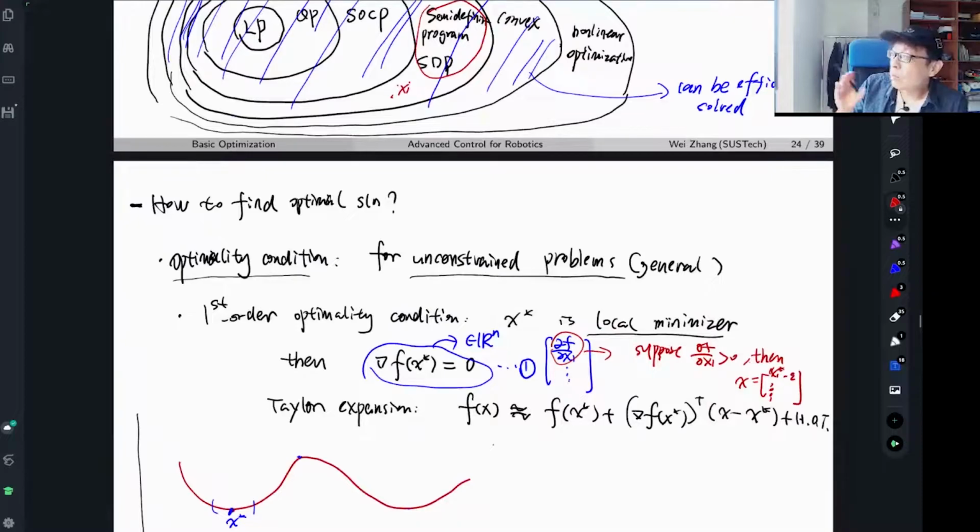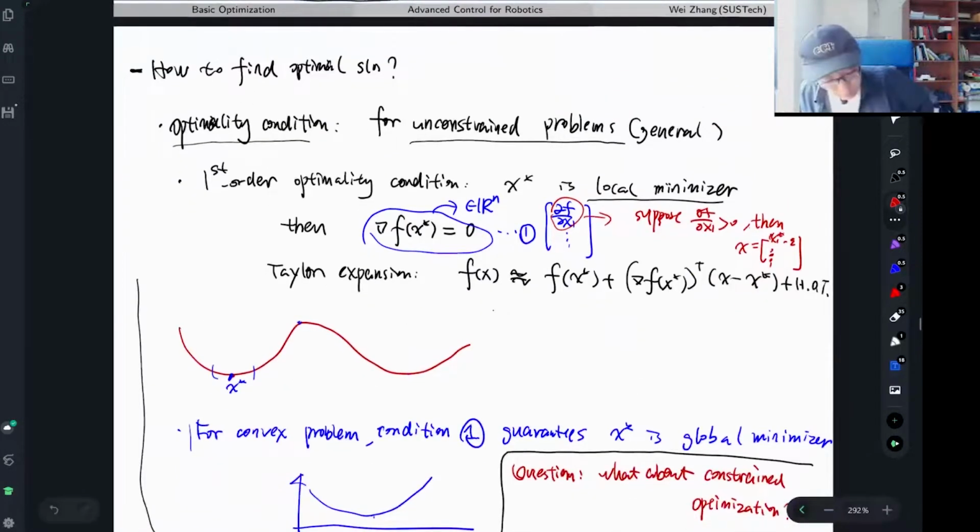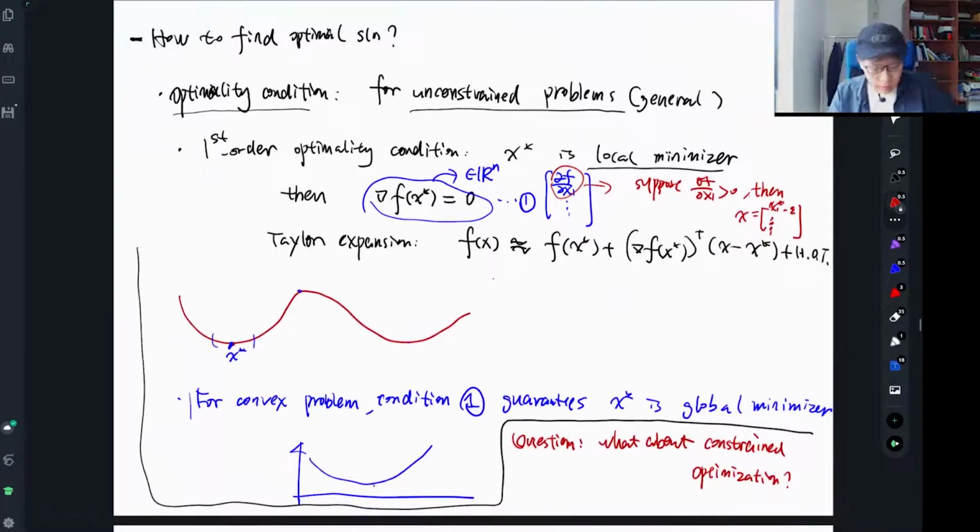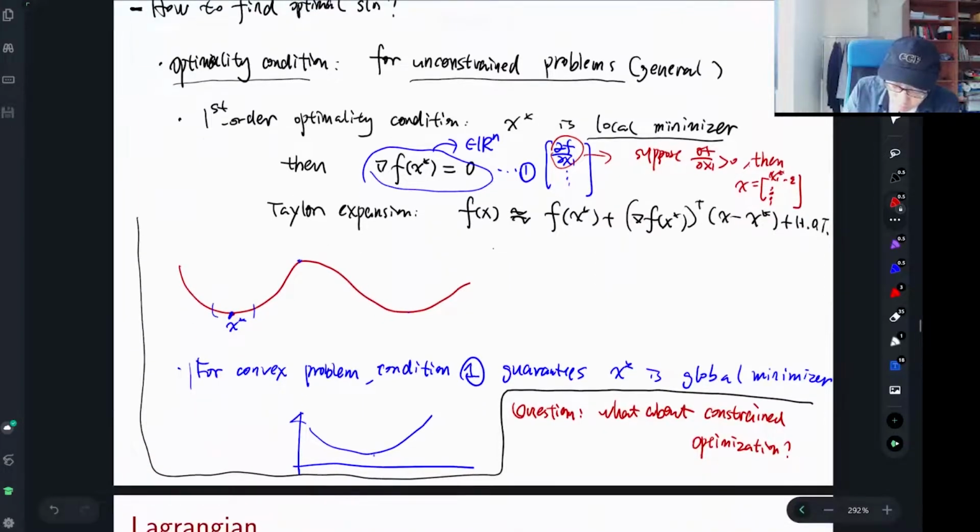So because of this optimality condition, you can transform the optimization problem into a nonlinear equation solving or root-finding problem. You need to find an x satisfying a certain nonlinear function of x equal to 0. That's typically how people solve it: basically solve a nonlinear equation.